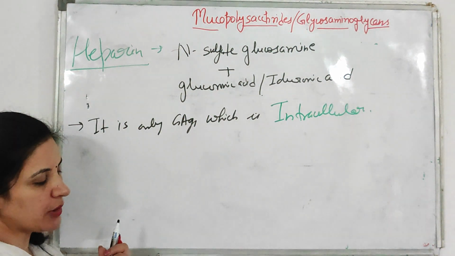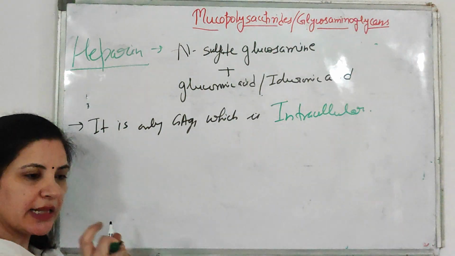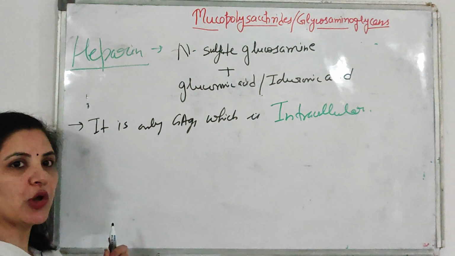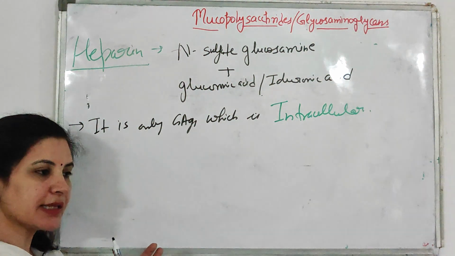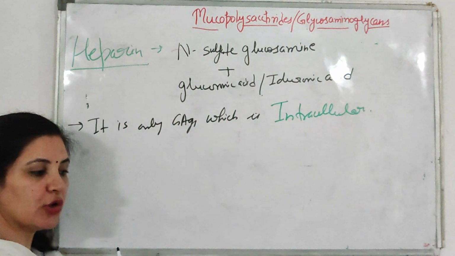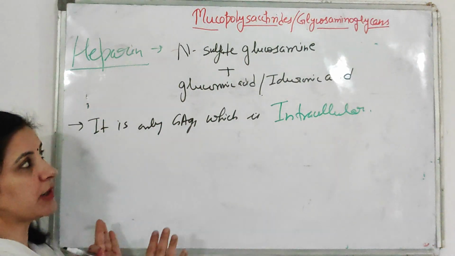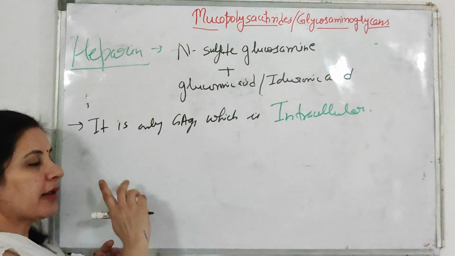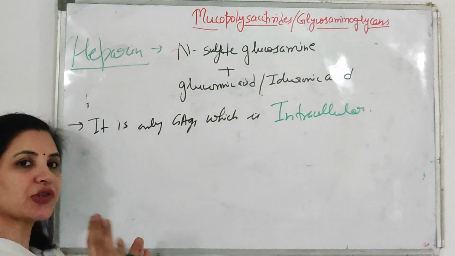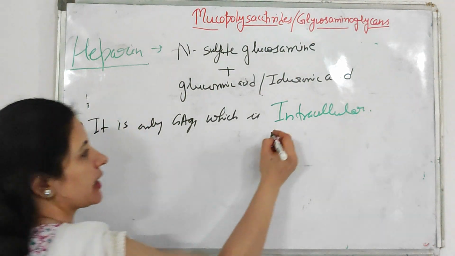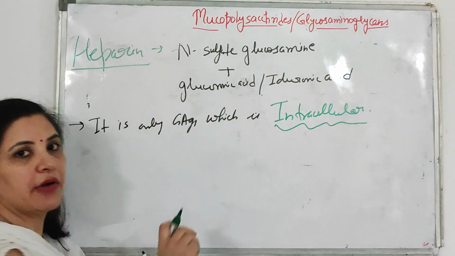Those proteoglycans, along with collagen and other molecules, form your extracellular matrix, and that is the main function of these GAGs. So all the GAGs are extracellular, but heparin is the exception. It is also present intracellularly.